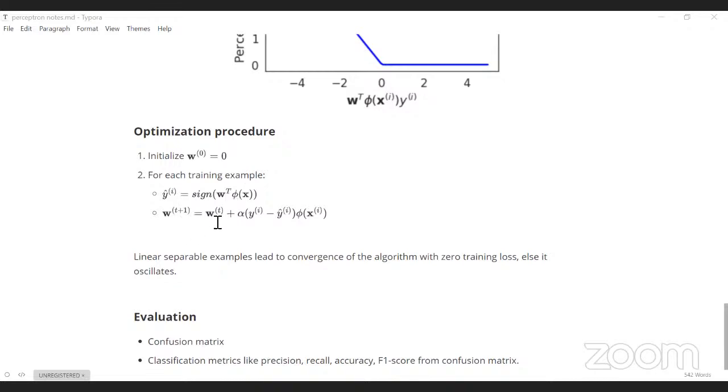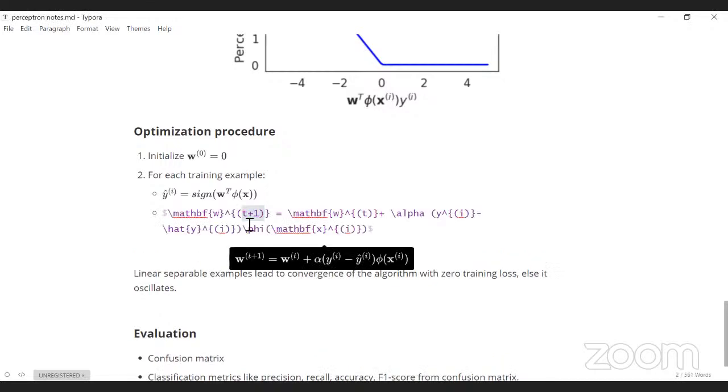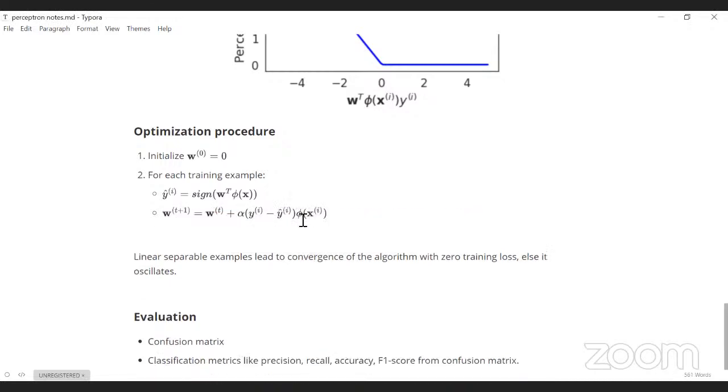In the t-th iteration, if the vector is W_t, then in the t+1 iteration your update is W_t plus alpha times (y_i minus y-hat_i) times phi of x_i. If they are correctly predicted, this term is going to be 0.